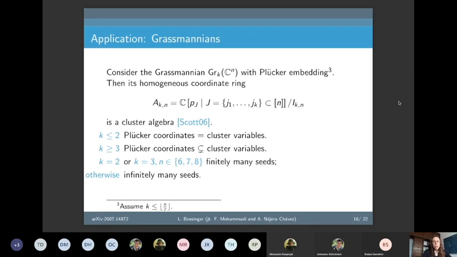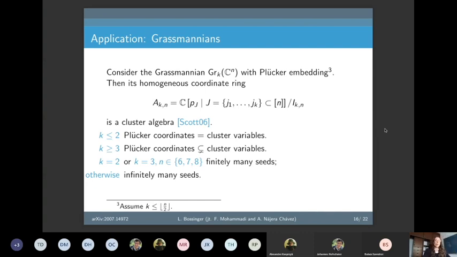If I go beyond these cases, though, I will have infinitely many seeds and then also infinitely many cluster variables. So you can see that Grassmannian Gr(2,n) and Gr(3,6), Gr(3,7), Gr(3,8) are the only ones where this cluster structure gives me a finite set of cluster variables and a finite set of seeds.